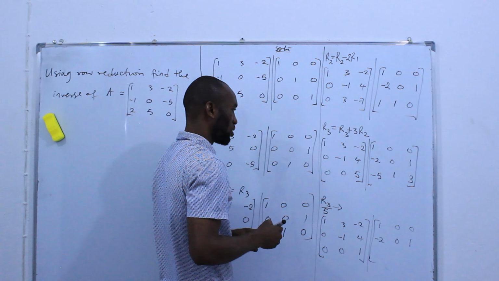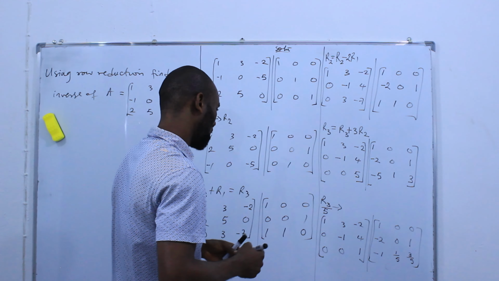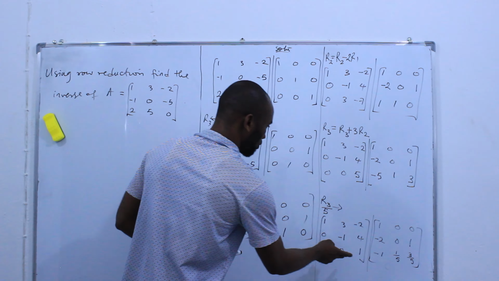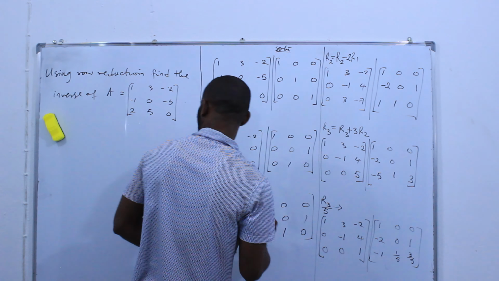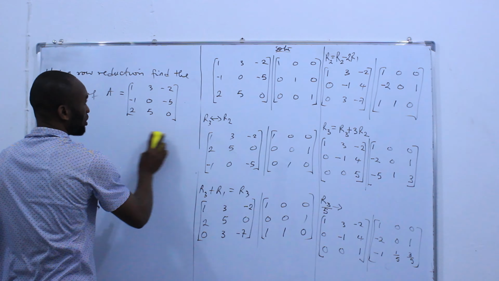Okay, divide this one by 5. You have minus 1, 1 over 5, and 3 over 5. Having divided, now I want to operate using that one. I'm going to clean this place.